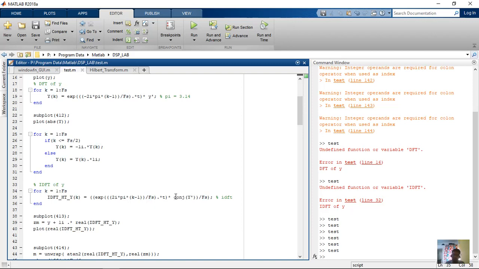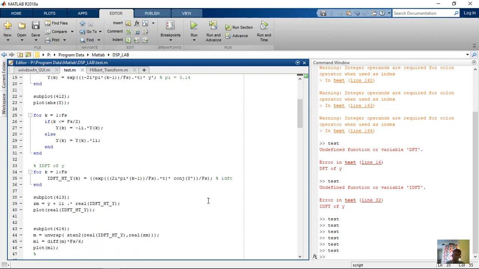The reason I am using the conjugate of y is that when I transpose y, which is a complex number, the inbuilt MATLAB function gives a conjugate of y as well. So we don't need a conjugate; the conjugate of a conjugate is again the normal signal. That's why I am again using conjugate. Then we have a scaling factor of 1 by fs. With this we found the Hilbert transform of the given signal.